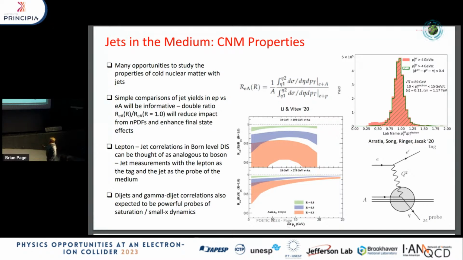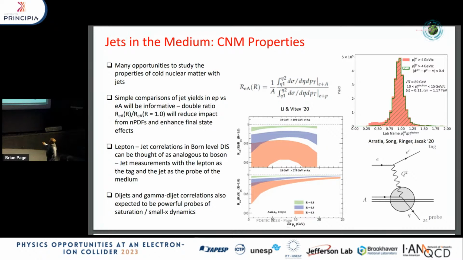Of course, as well, we can look at things like R_eA, ratios of R_eA with different jet radii, which helps us reduce the impact from initial state nuclear PDFs. And so here we can see some predictions for what the modification should look like for various jet radii.